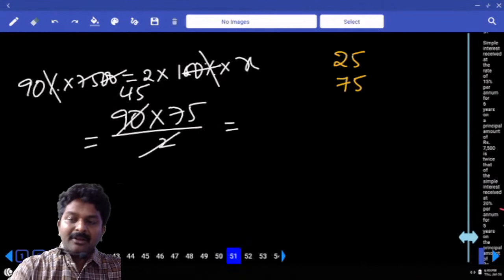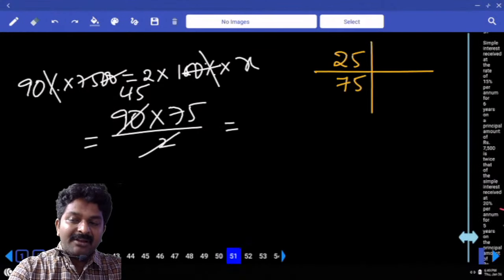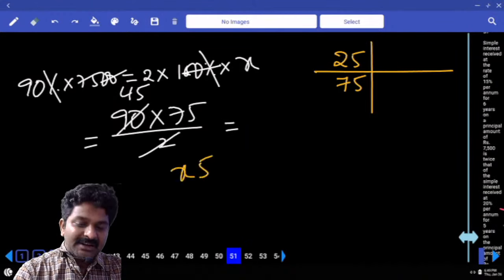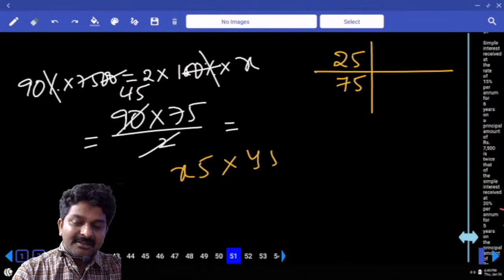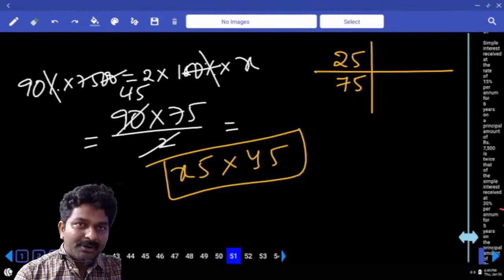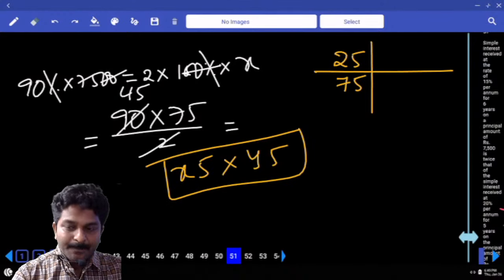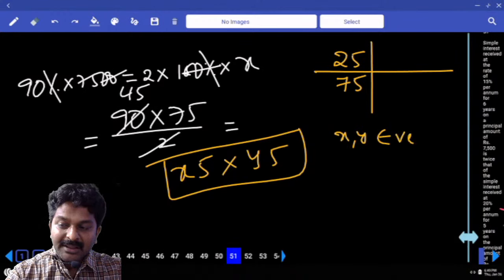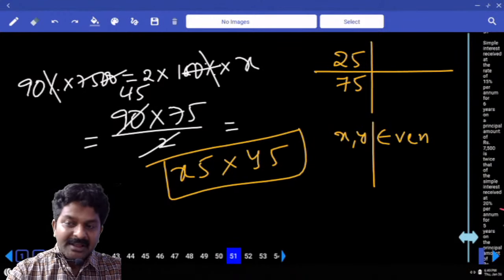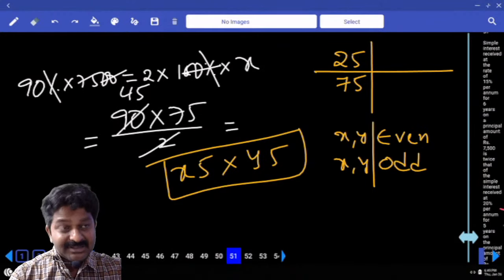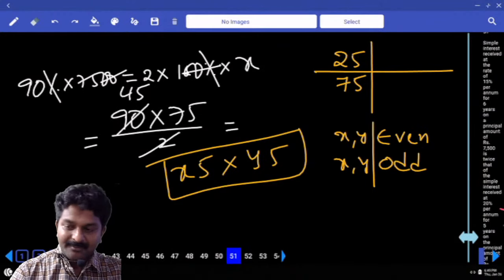Now tell me, when will you get 25 and when will you get 75? If you take the product of 2 numbers, in this particular format, both ending with 5. If x, y both are even numbers, then you will get 25. If x, y both are odd numbers, then also you will get 25.